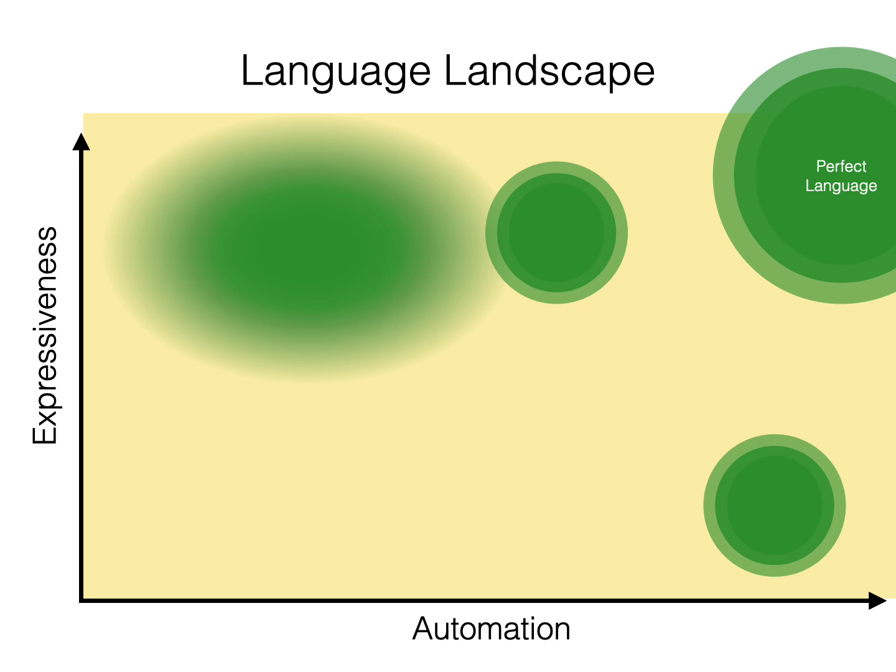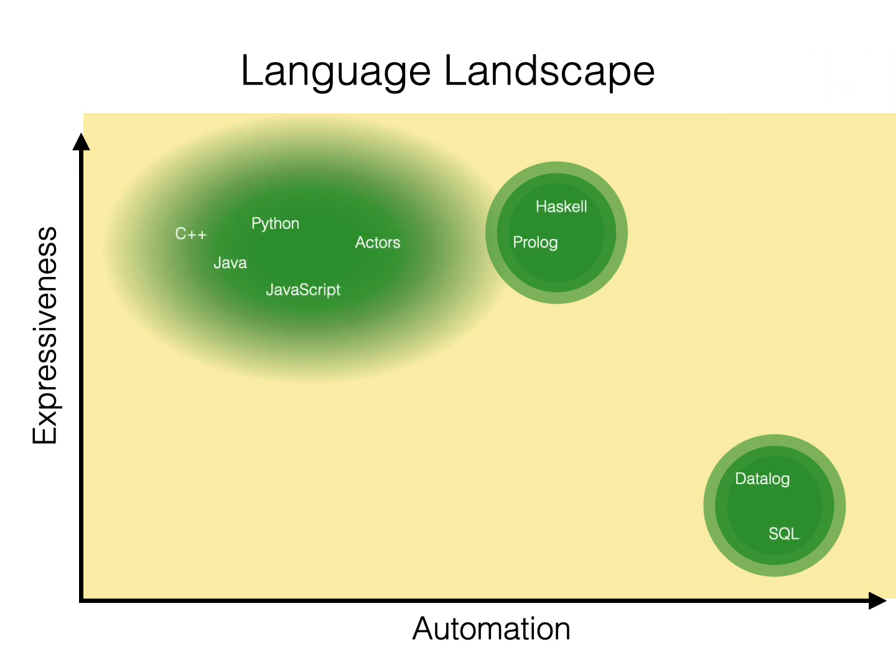So you can think of this language design landscape as expressiveness versus automation. Sorry, let me back up again.